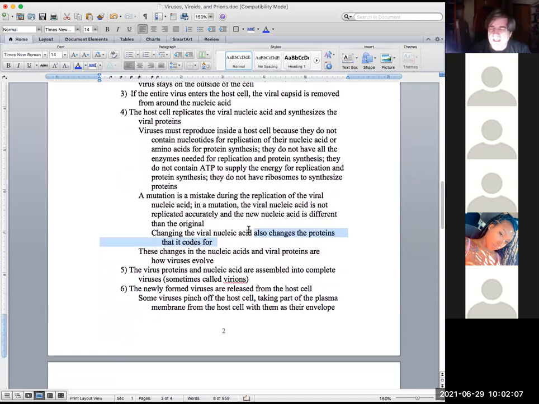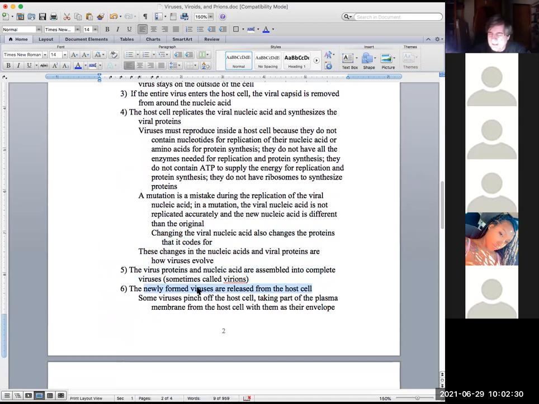So once we make all our proteins, all our nucleic acid, then the protein and nucleic acid are assembled into a complete virus. And these new viruses are released.